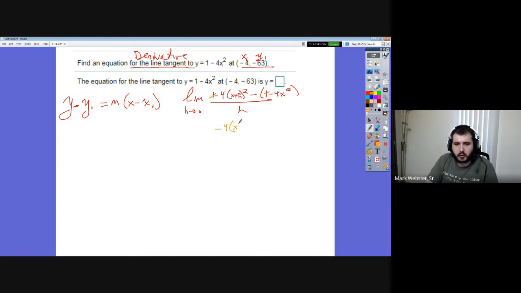before you do your minus, so plus, then you can distribute this 4, right? All over h. Limit as h goes to 0.